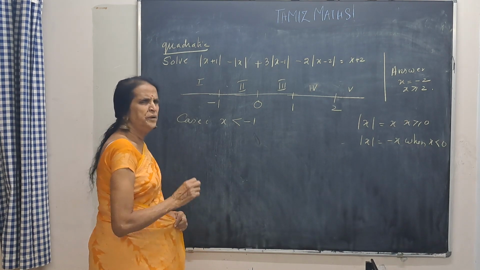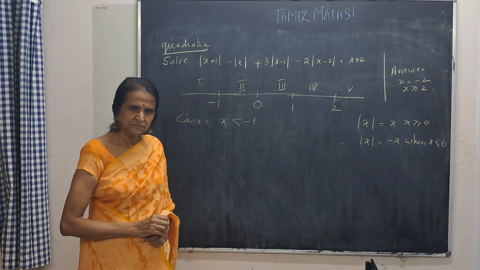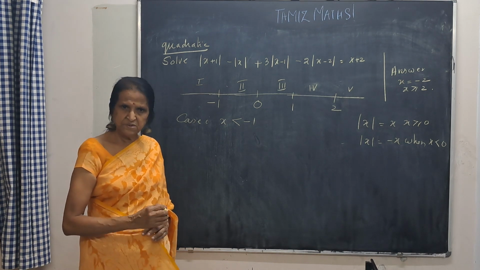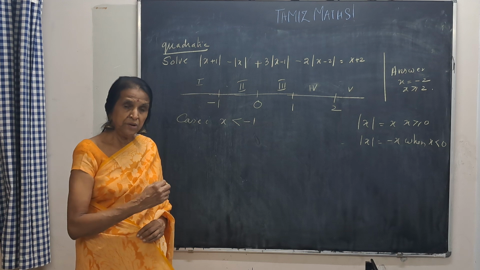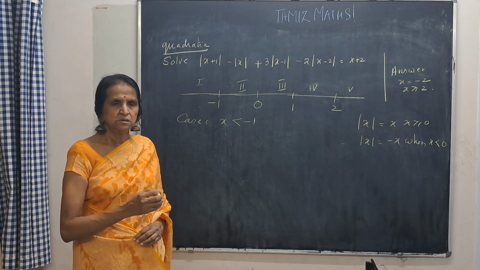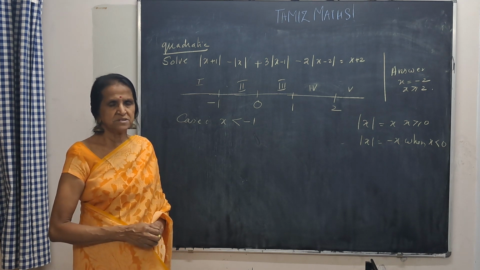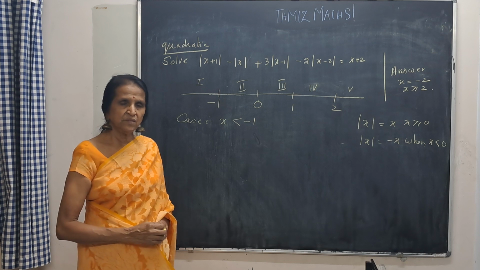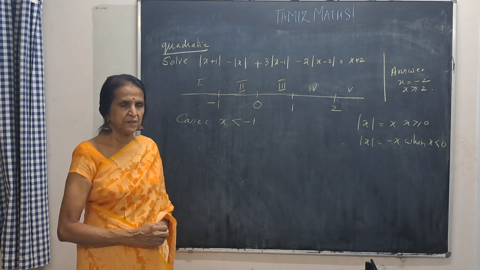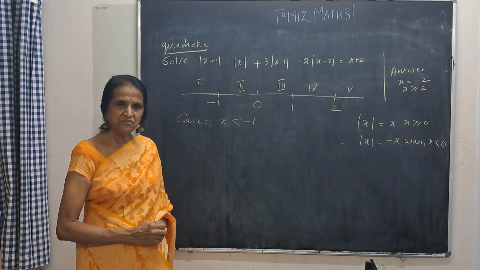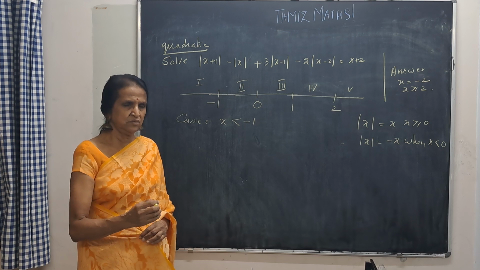Now, very carefully, whoever it is, whether it's you or me, sometimes we know everything, but when we are working, we slip up. Like 3 into 3, I put 6. It is not that we don't know it. But when we are working, we just make a small slip, and that will cost a lot. The price we pay for that will be very high. So let us work it very carefully.